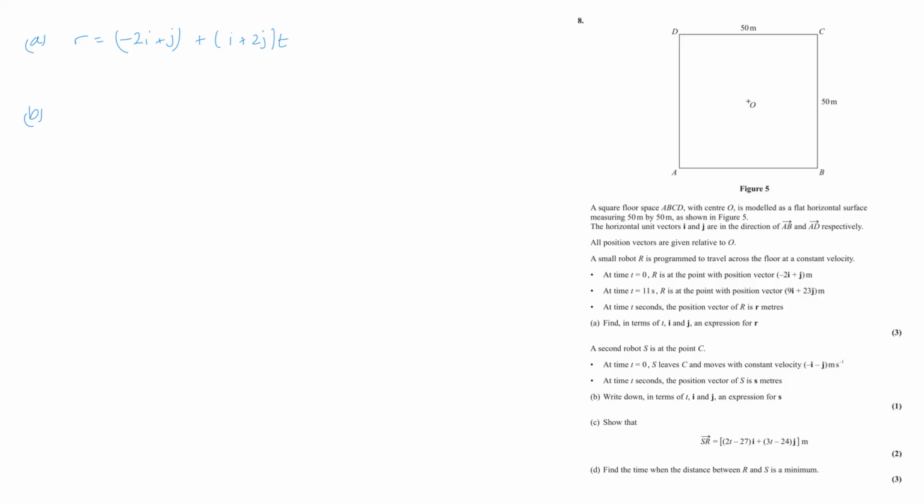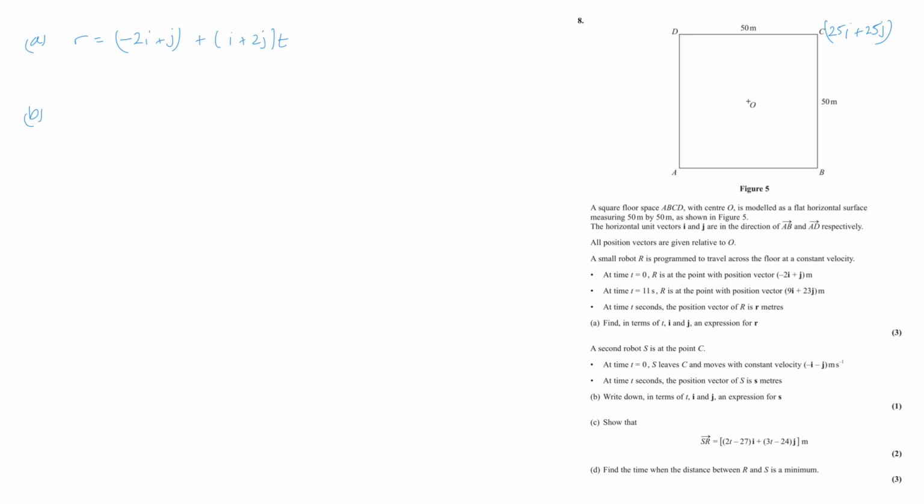So, looking at C, it's 25i plus 25j, because it's relative from O, 50 by 50, so that's got to be in the middle, 25, 25.